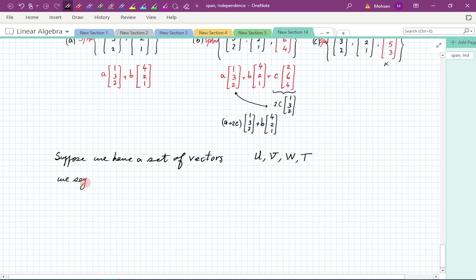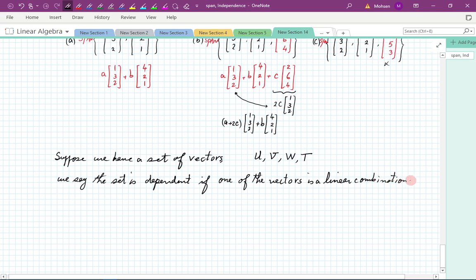We say the set is dependent if one of the vectors is a linear combination of the others.